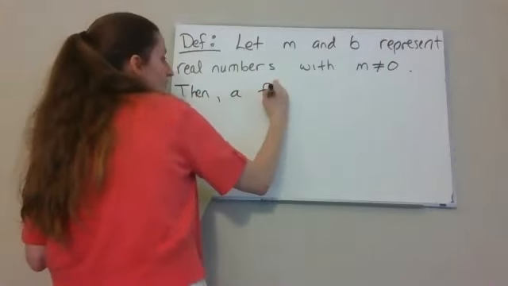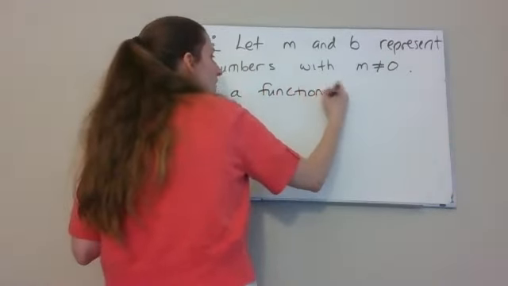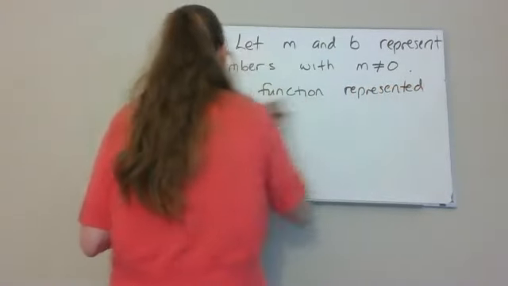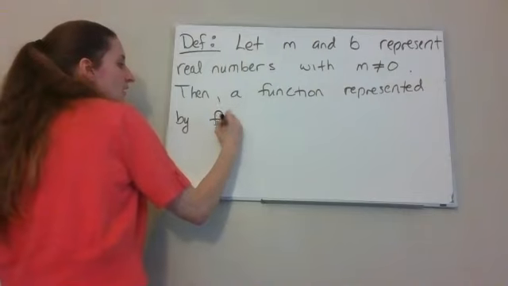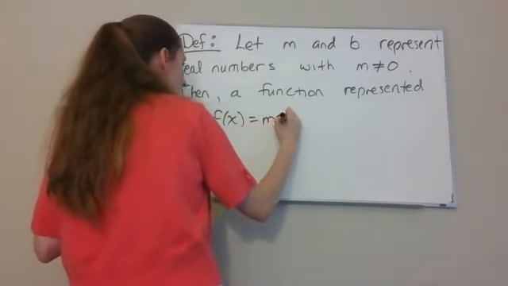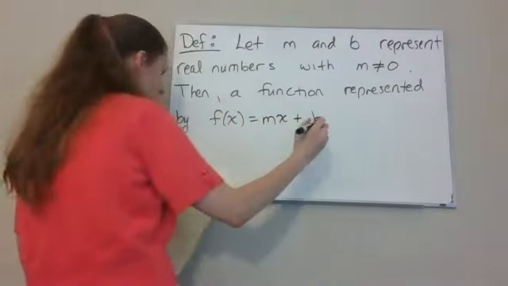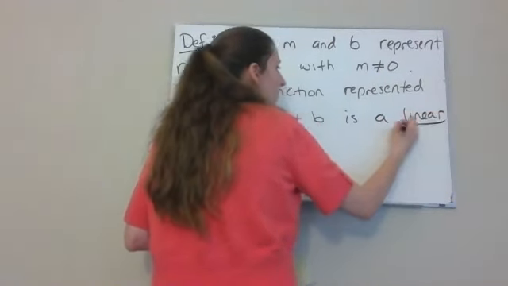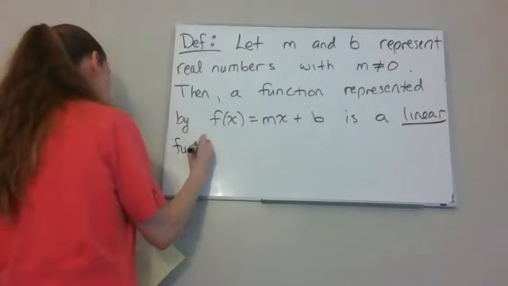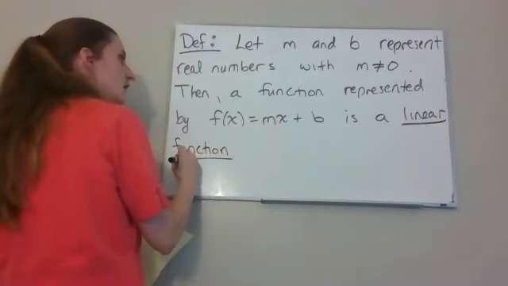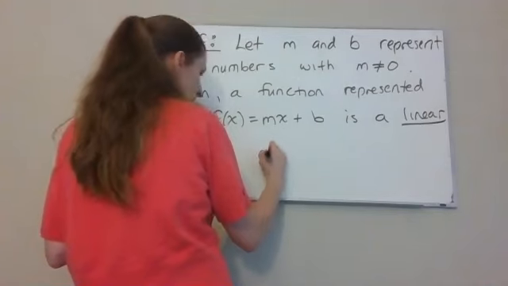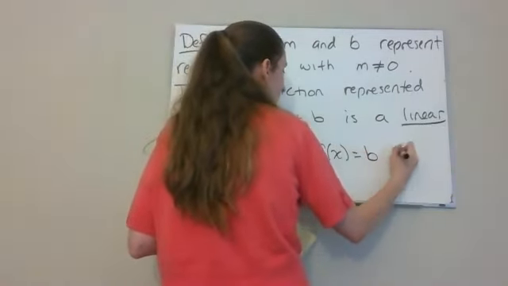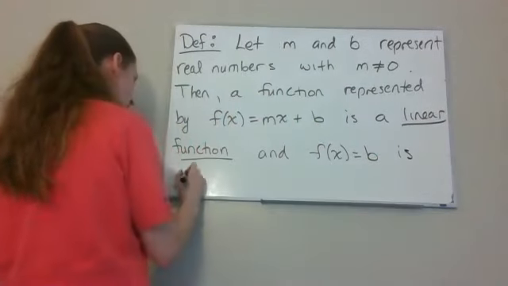Then a function represented by f of x equals mx plus b is a linear function and f of x equals b is a constant function.